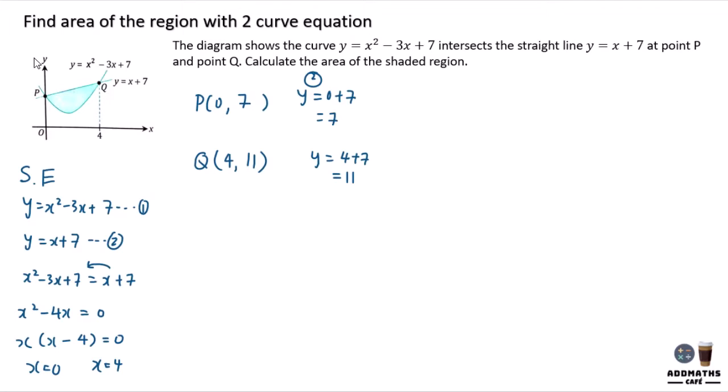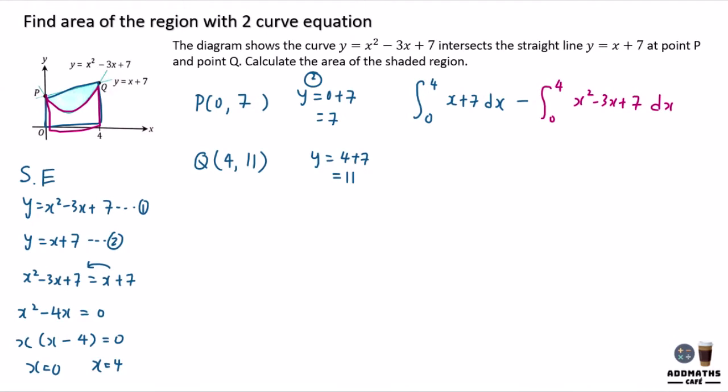So first, you are required to calculate the area of the whole thing here, which is under this straight line. From 0 to 4, apply the straight line, x plus 7 dx, and then minus the area under this curve, which is 0 to 4 of x squared minus 3x plus 7. Then you will get the shaded area.